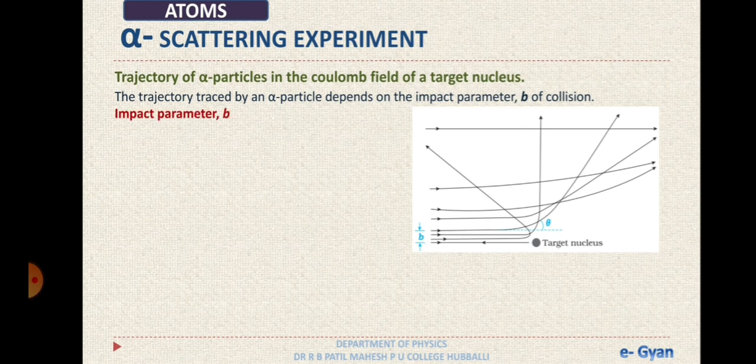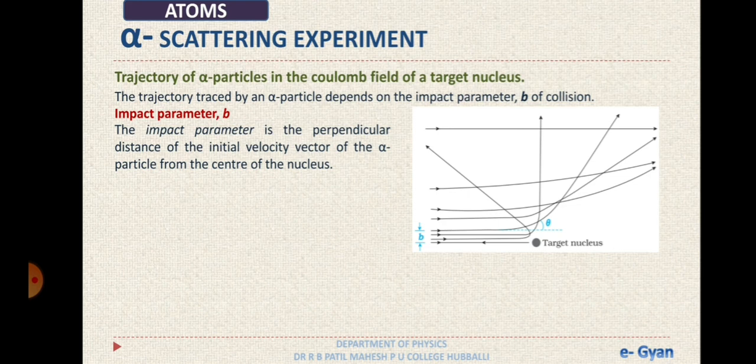The impact parameter, denoted by small b, is the perpendicular distance of the initial velocity vector of the alpha particle from the center of the nucleus. If we move away from the nucleus perpendicularly, the impact parameter goes on increasing. And for an alpha particle exactly in line with the center of the nucleus, the impact parameter is 0.